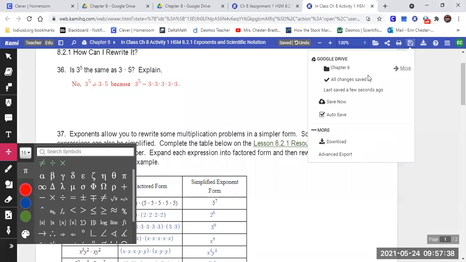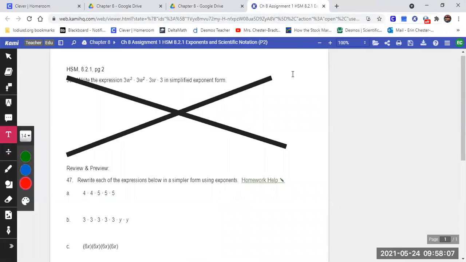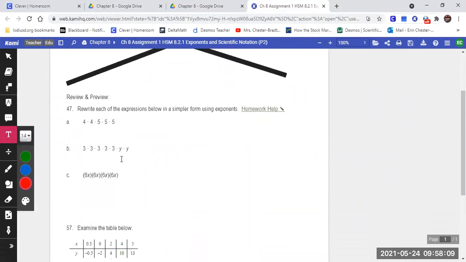And let's go look at our homework. Okay, save and turn in and open up your assignment, which starts here.